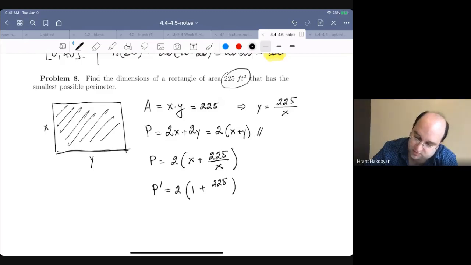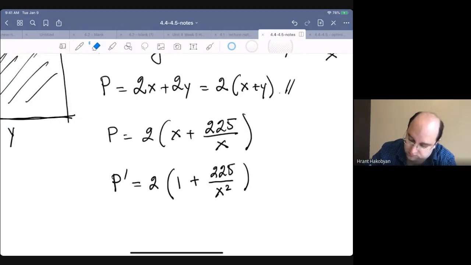So there is a negative sign, and this plus becomes a negative sign here, okay?